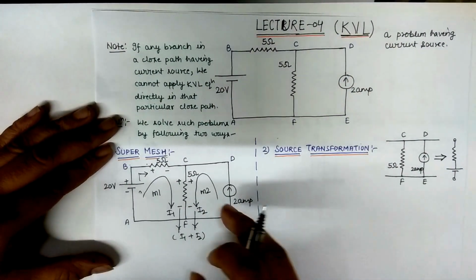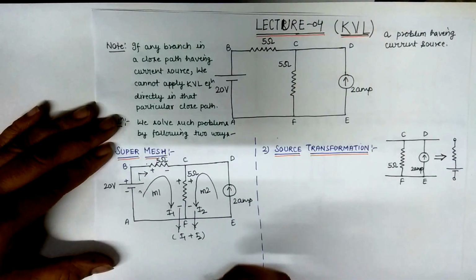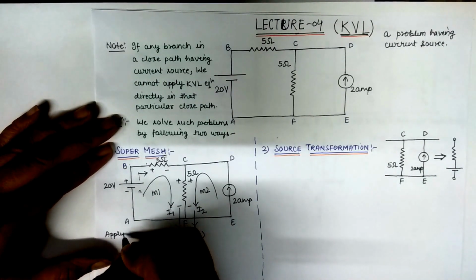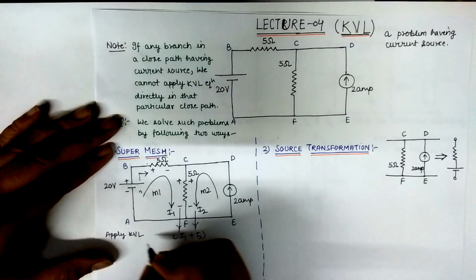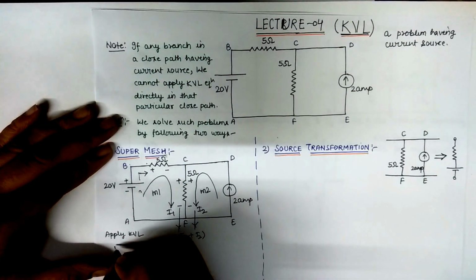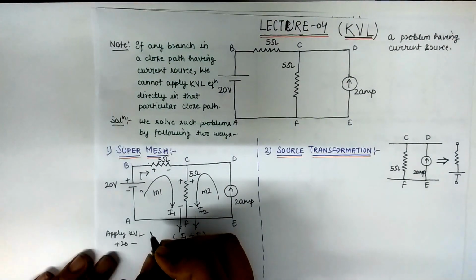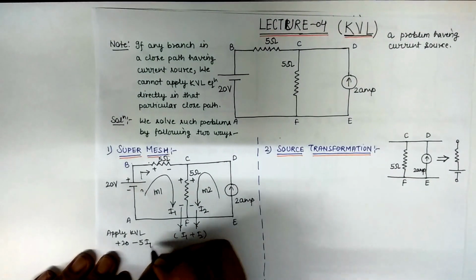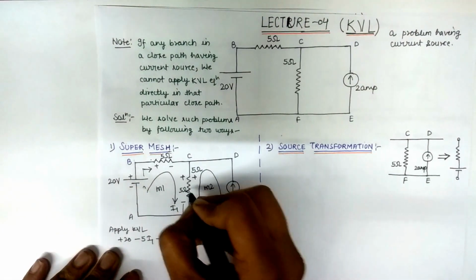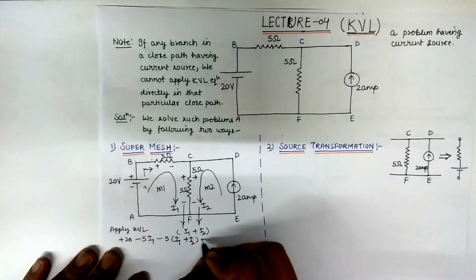So we cannot apply KVL in this branch, but we can write the KVL equation for this mesh. So what is the equation? Start from A, apply KVL. Plus 20 minus 5 I1, and here minus, this is 5 ohm resistance, 5 into (I1 plus I2) is equal to 0.